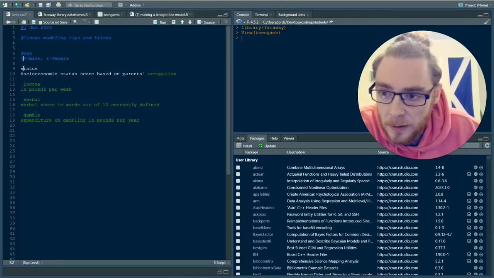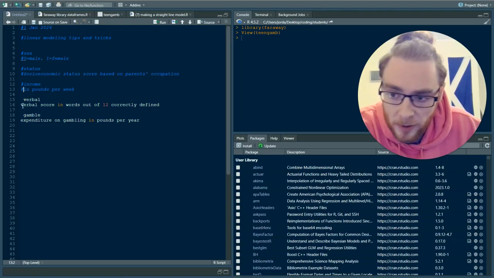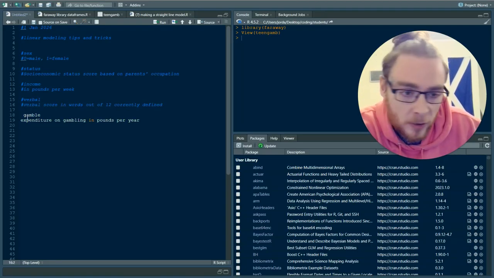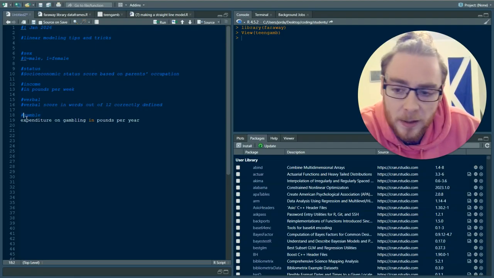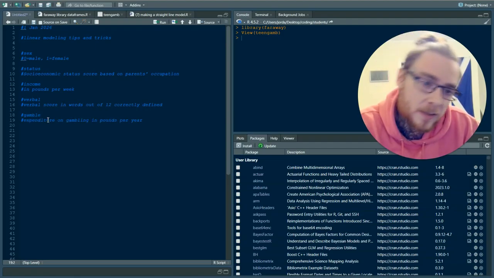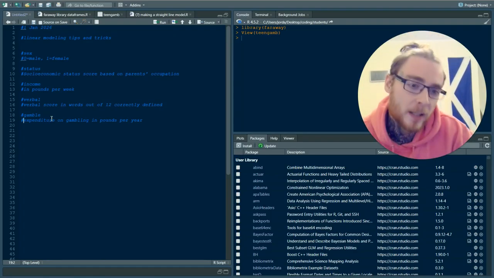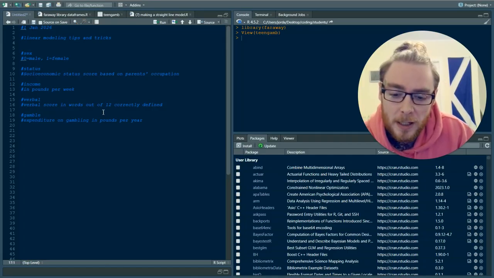And this is crucial information because without it we wouldn't know the units. I have this issue a lot when I look at data frames online, especially ones that are parts of libraries. You won't be able to tell necessarily what the units are unless you check, and the units are absolutely crucial.